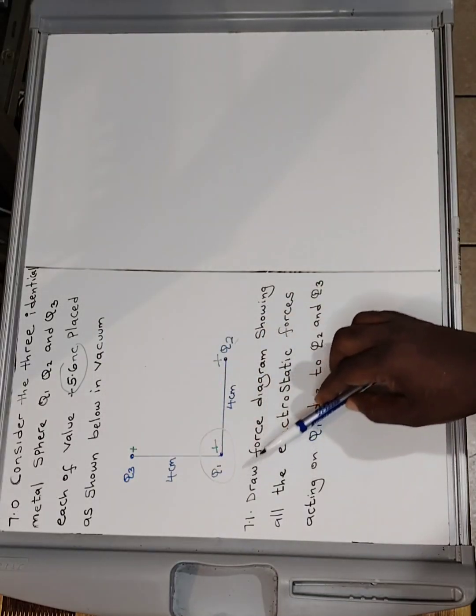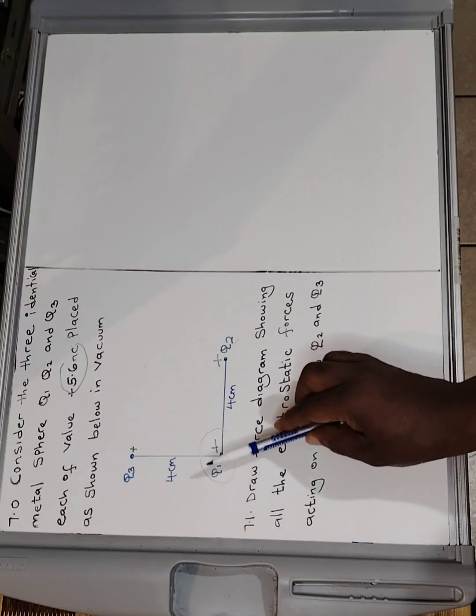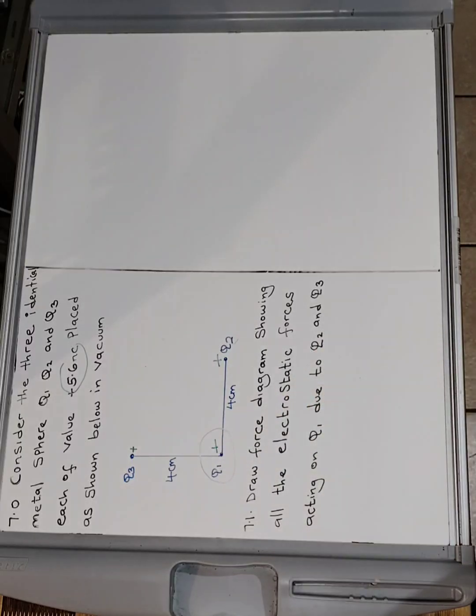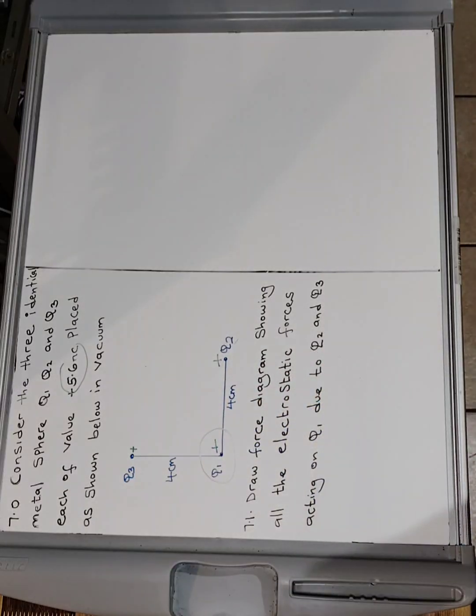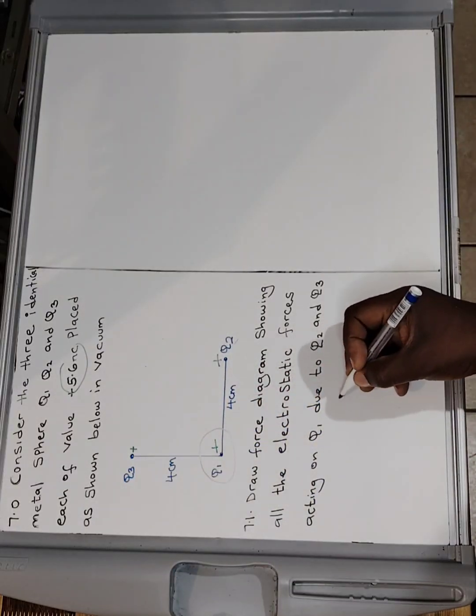We have to remember that in all cases, it is Q1 which will move. It is the charge whose net force you are finding which will move. So what will Q3 do to Q1? It will repel it downwards.